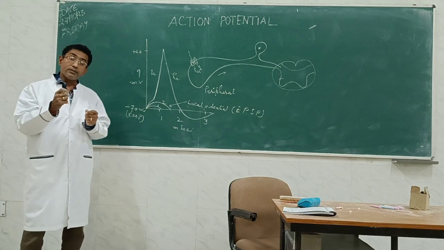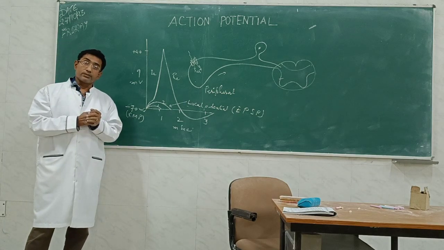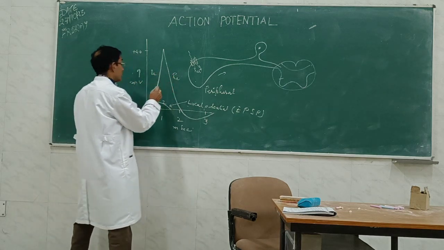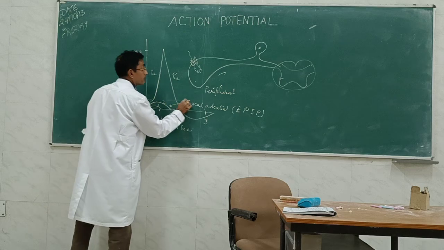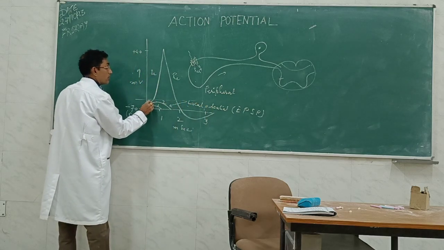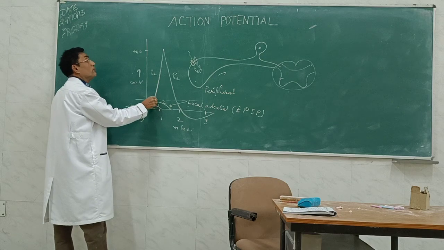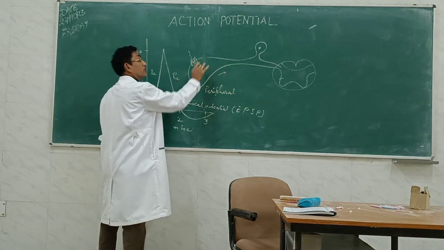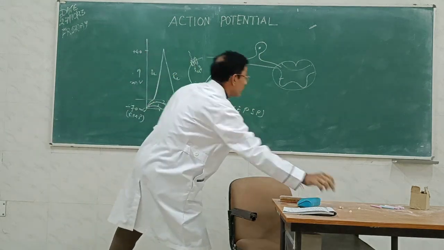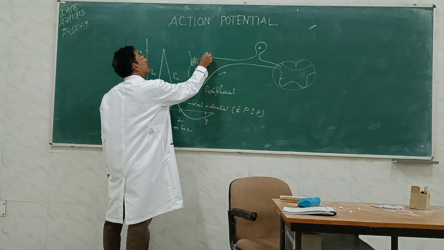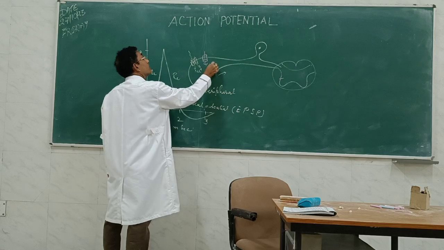Now, if we provide the threshold stimulus, then what will happen? The threshold potential is reached, so the stimulus, being threshold, will be able to stimulate another channel. That channel is the voltage gated sodium channel.